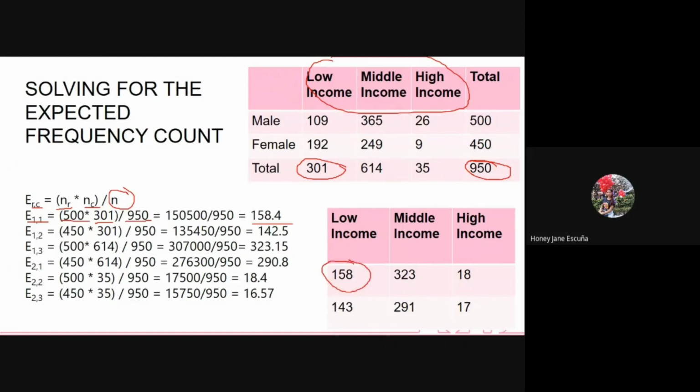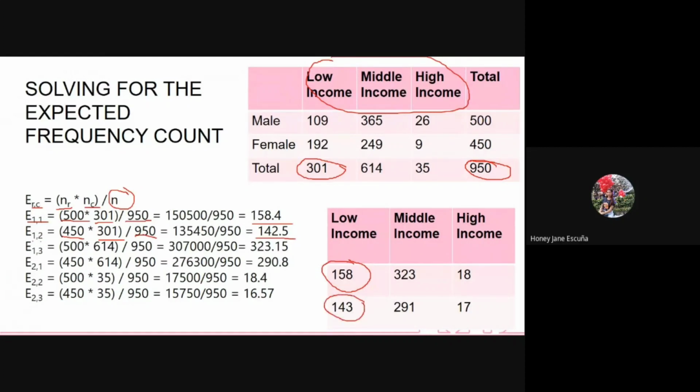Next, in our population R1 level 2, we have 450 females times 301 total low income divided by 950 equals 142.5 or 143 rounded up.